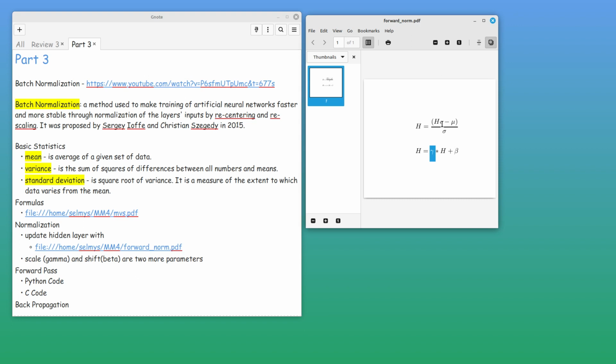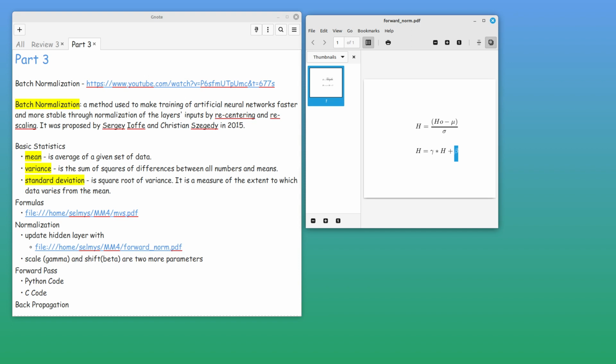And beta here is used to shift it a bit. Let me see if I can draw out my own impression of that. Again, I'm not an expert. I'm learning just like you are.